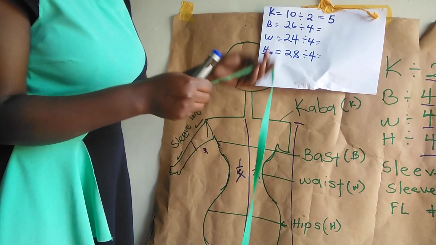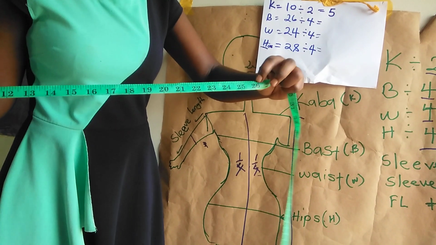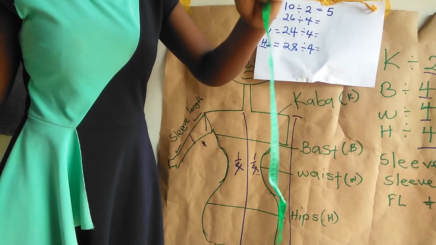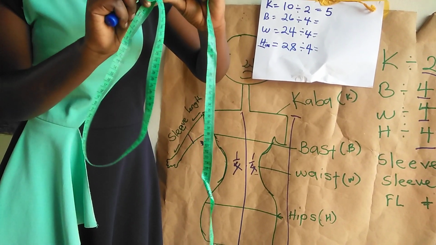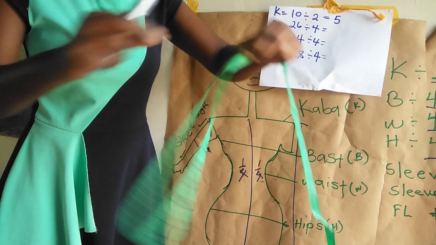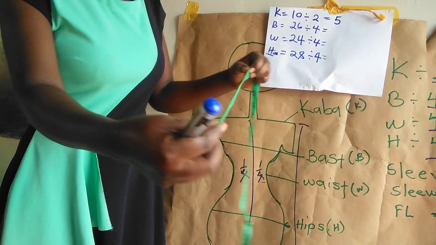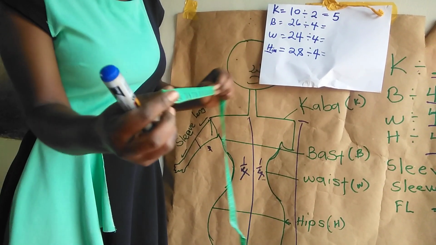The bust, I told you we divide by 4. We have 26. 26 divided by 2. You get this and take it to 26. This is by 2. Again, we get this middle part after folding. It is 13.